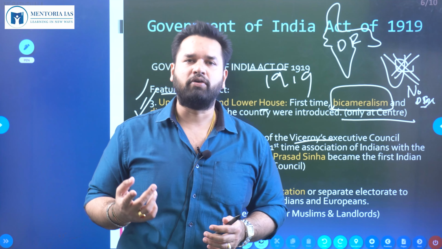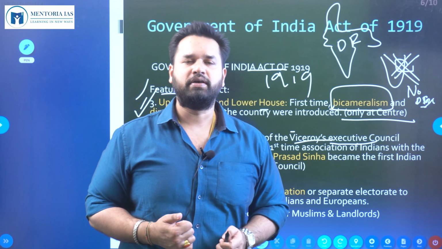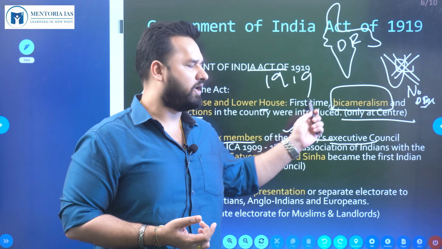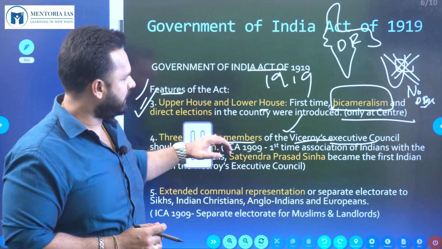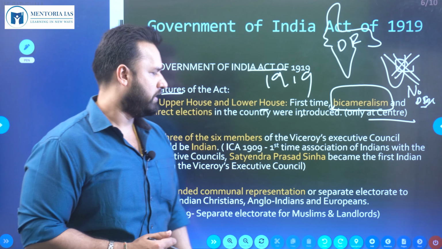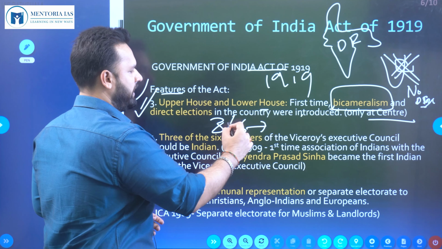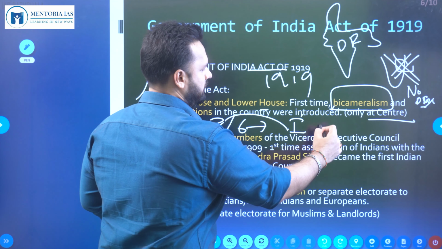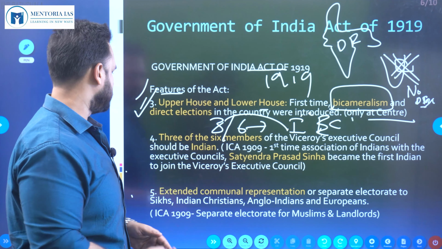Earlier it said 1 out of the 6 will be Indian. Who was it? It was Satyendra Prasad Sinha, the first law member. But the Act of 1919 said now 3 out of 6 members in the Viceroy's Executive Council will be Indians.